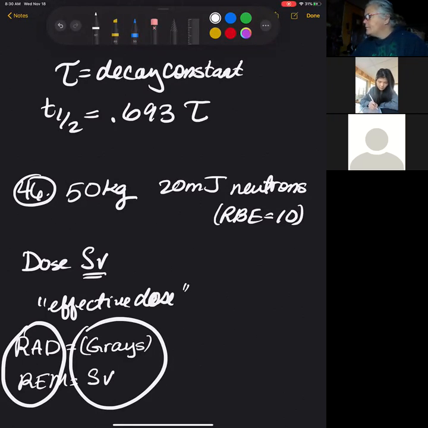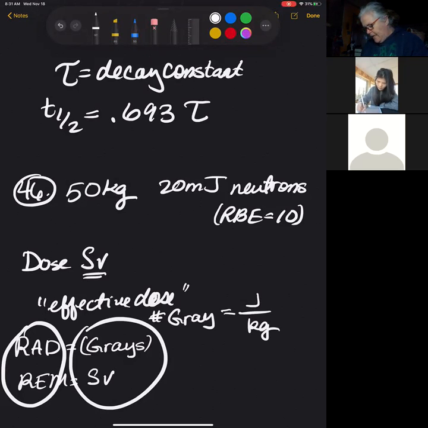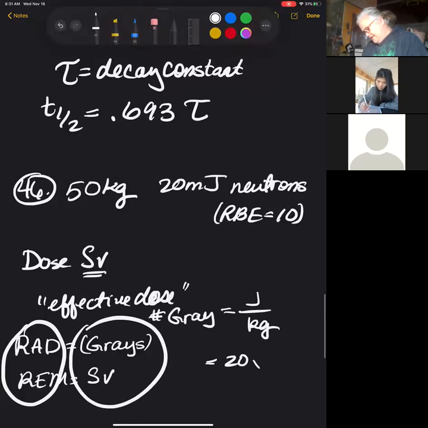Okay, so a gray, the number of grays is the amount of joules per kilogram that's absorbed. So if I've got 20 millijoules, so 20 times 10 to the minus 3 joules, divided by a 50 kilogram worker, I can find the grays.